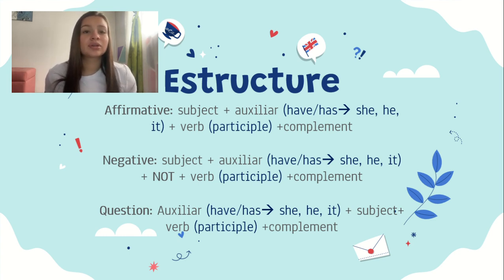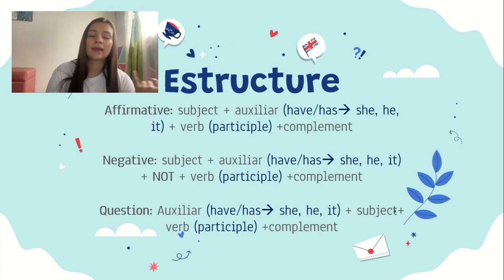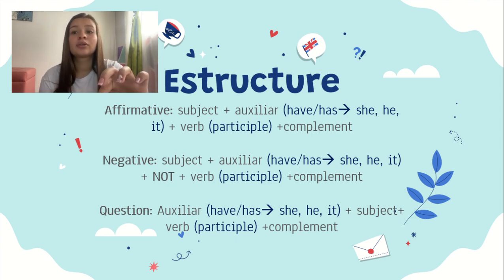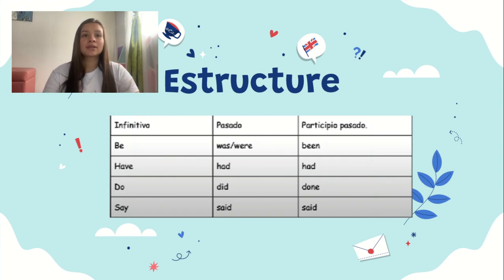In the question, it's important to know that we start with the auxiliary that can be have or has, plus the subject, plus verb in participle, plus complement. We are going to see the verbs in infinitive, past, and past participle.